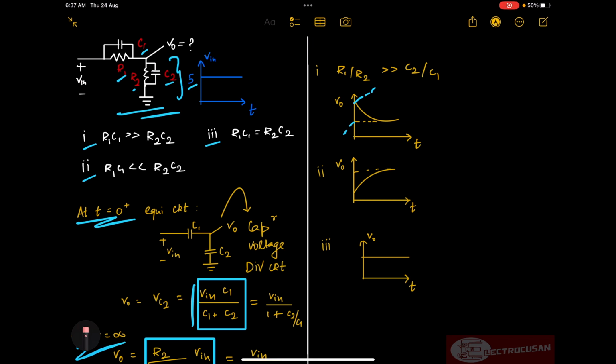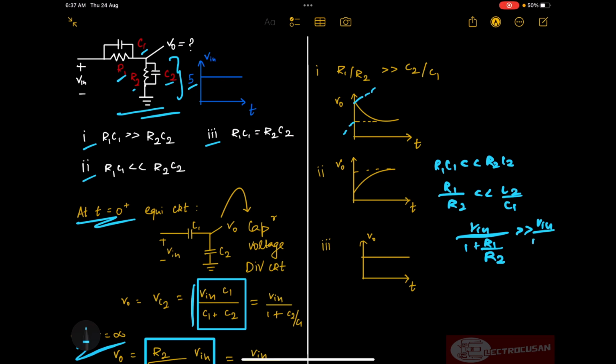Similarly, for the second condition, R1 C1 is much lesser than R2 C2, which means R1 by R2 is much lesser than C2 by C1. So Vin divided by 1 plus R1 by R2 is greater than Vin divided by 1 plus C2 by C1.